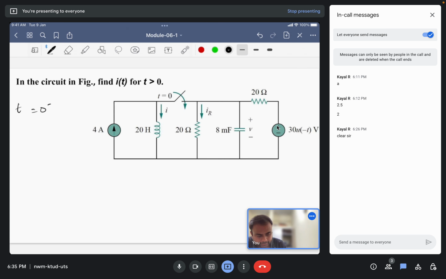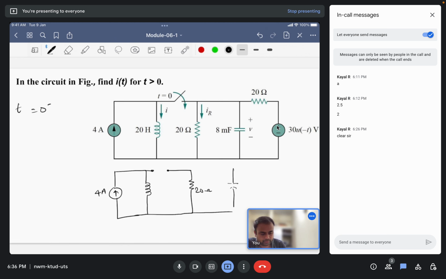So at 0 minus we'll be having a 4 ampere source. There will be an inductor and the circuit will be open here as the switch is not closed. And finally we have a resistor of 20 ohms and a capacitor of 8 millifarads and a resistor of 20 ohms.